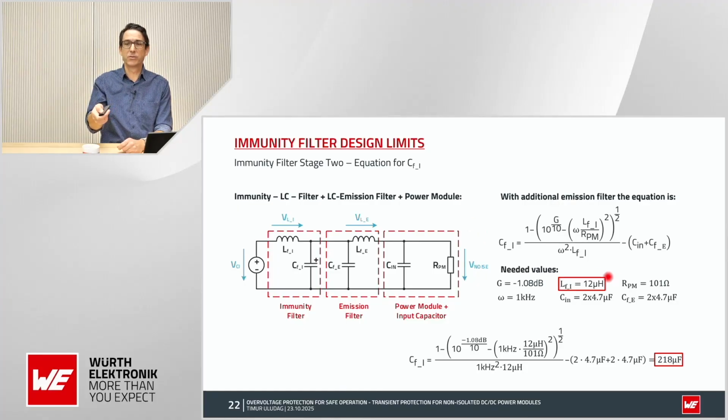We have these 2 times 4.7 microfarads as the input capacitors for the power module, and CFE is the capacitor for the emission filter. Then we come up with something at about 280 microfarads.